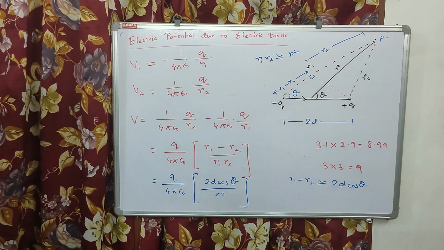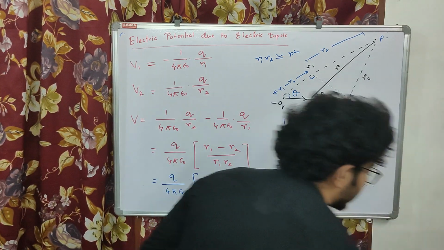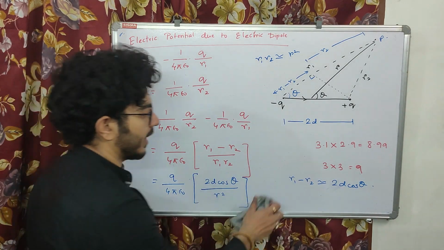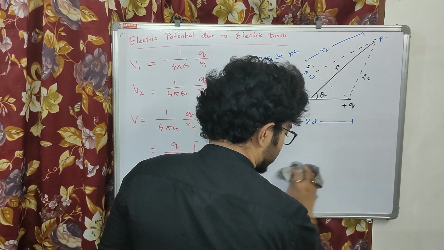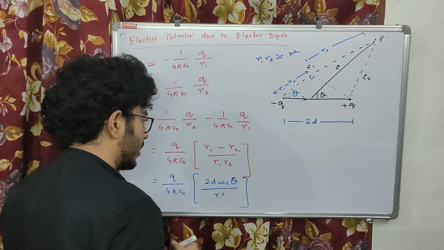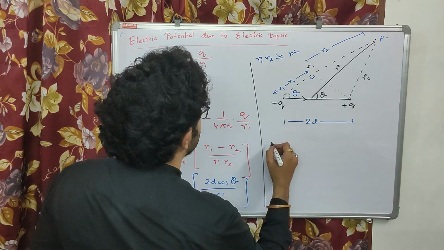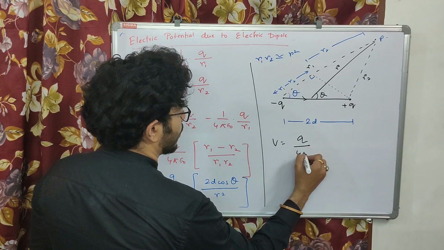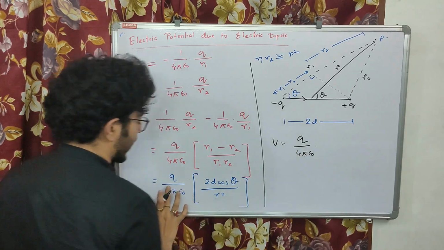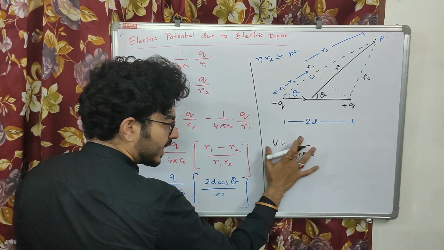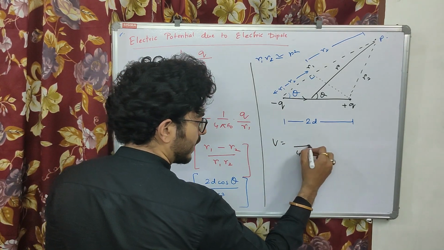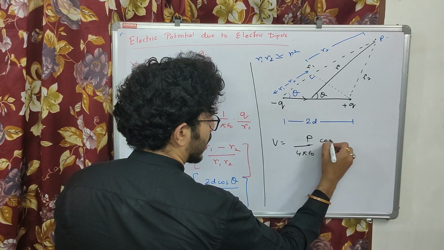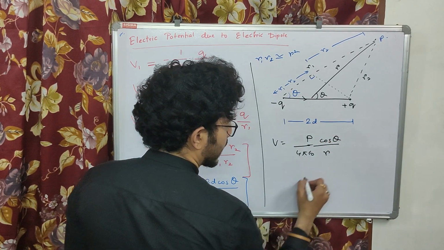So ultimately, V is equal to q by 4 pi epsilon naught, q into 2d, this becomes p, the electric dipole moment. p cos theta by r square.